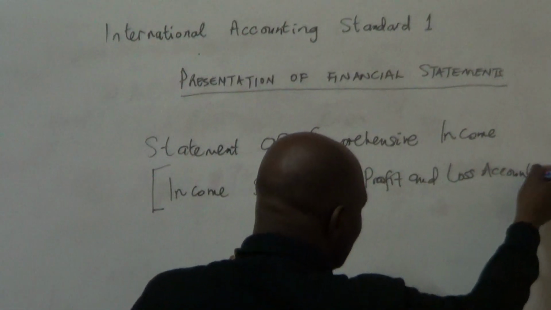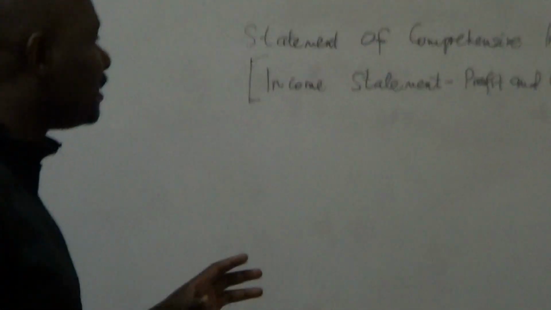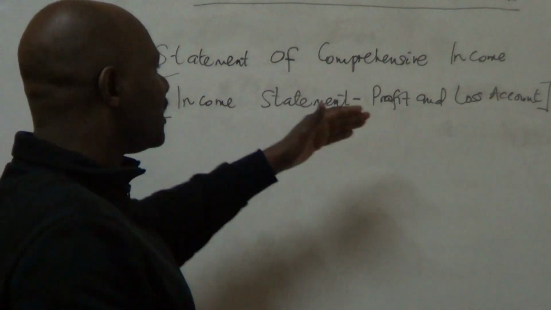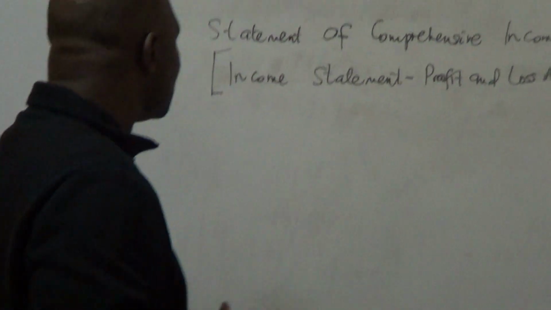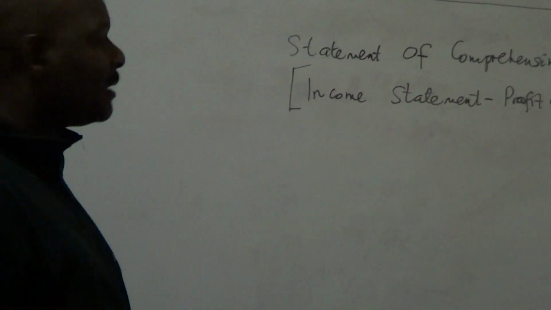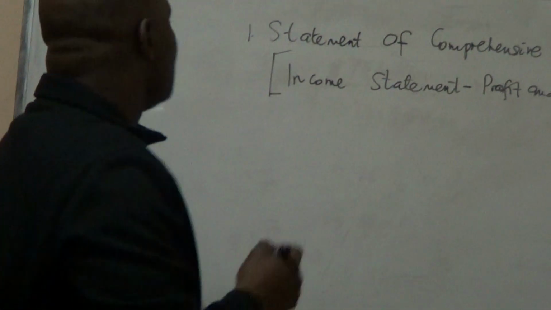When you're reading an old textbook, you find profit and loss account. Sometimes you may find income statement. It is basically one and the same thing, which is the statement of comprehensive income, right? This is the first thing to prepare.